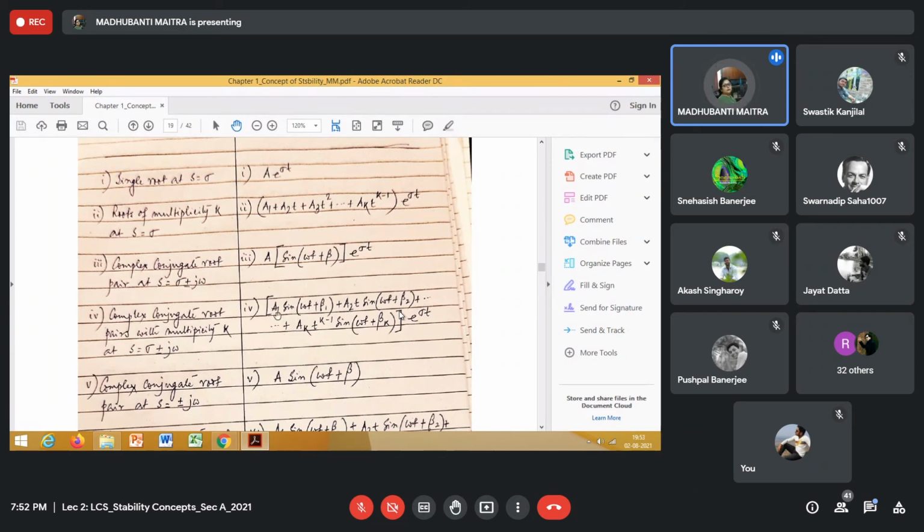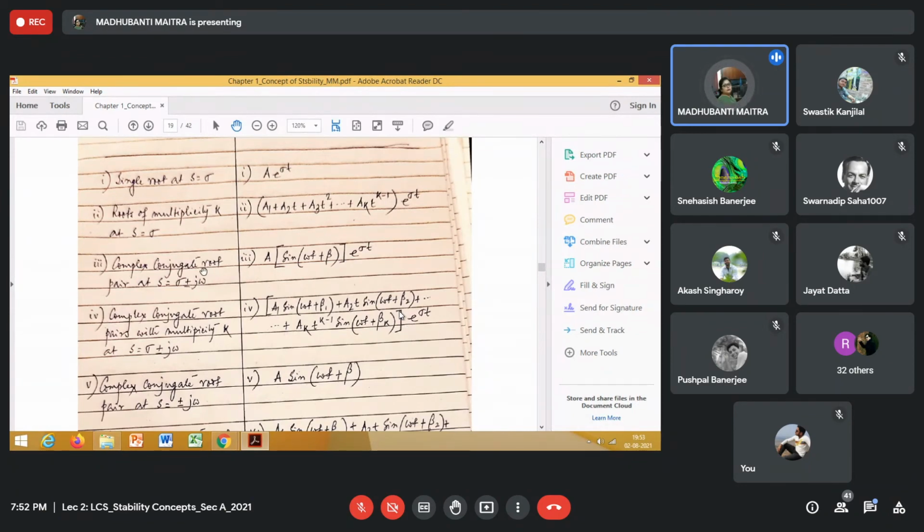So the expression for C(t) will be [A1 sin(omega t + beta1) + A2 t sin(omega t + beta2) + ... + Ak t^(k-1) sin(omega t + betak)] multiplied by e to the power sigma t.